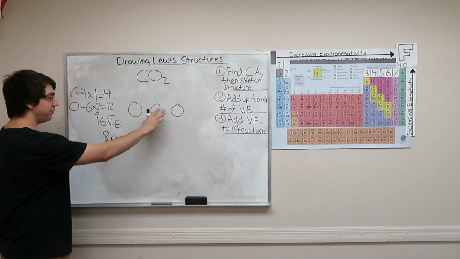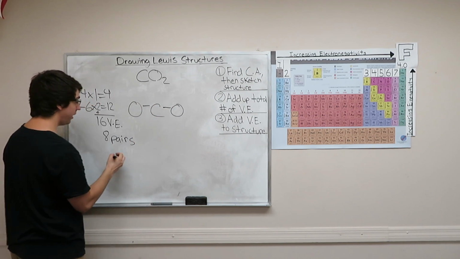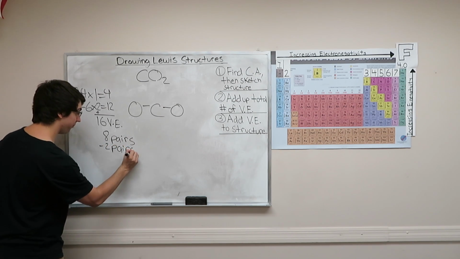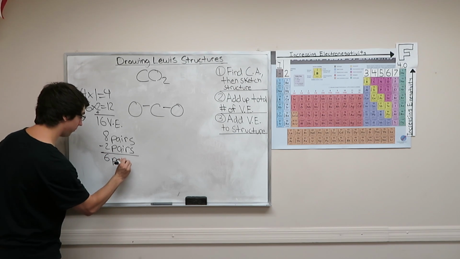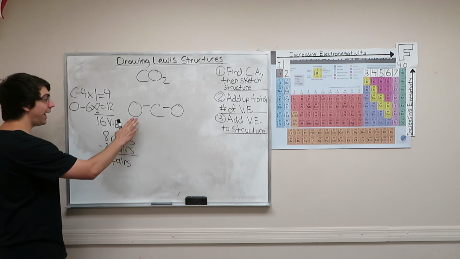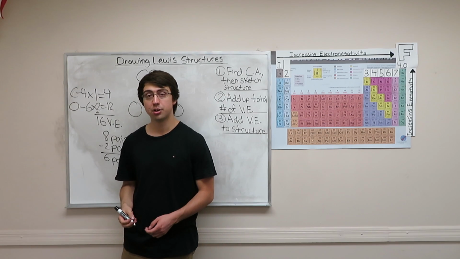The first thing I'm going to do is connect these with a pair. So we have one pair here and another pair here. Just by connecting them, we used 2 pairs. That's going to leave us with 6 pairs left over, and we're going to need to add the remaining pairs on the terminal atoms as lone pairs of electrons.